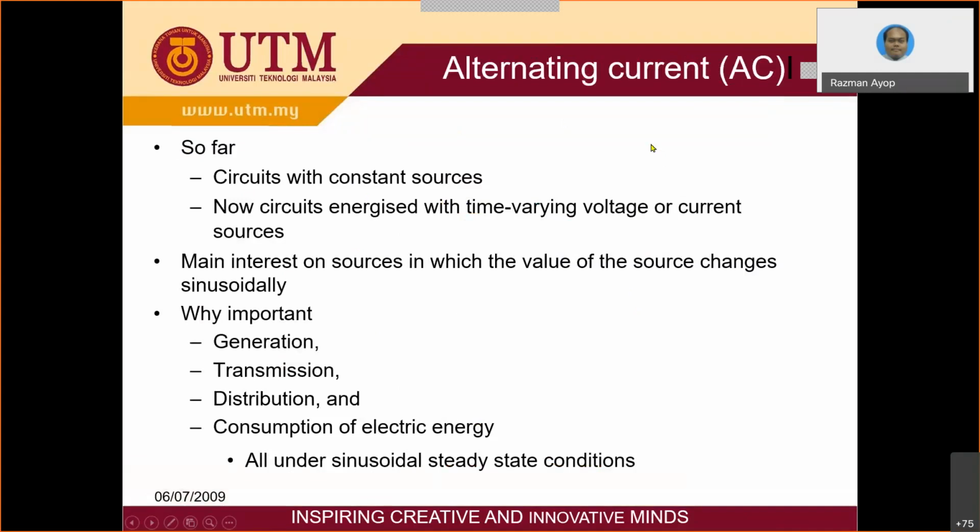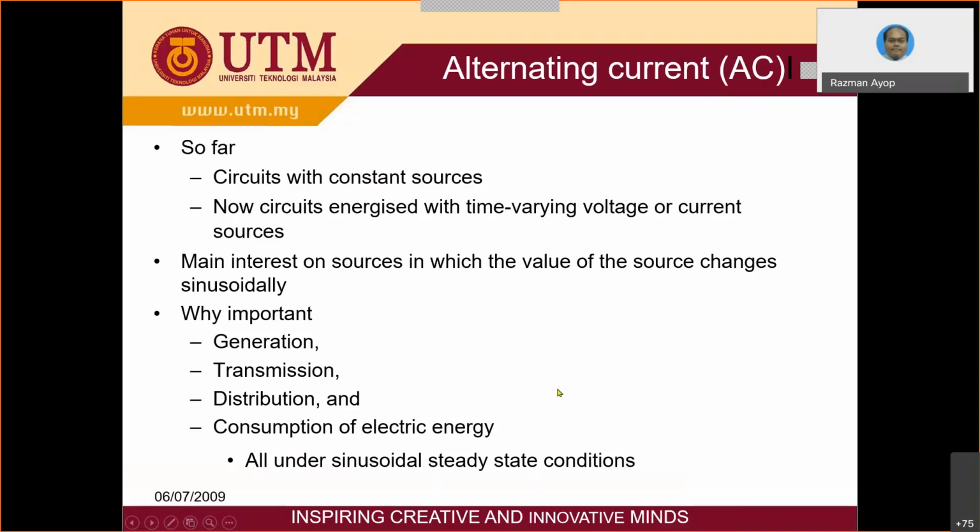If you look at your plug, the power source, everything is AC. In generation, in transmission and distribution, all use AC. Only in your device it uses DC. Or if the transmission line is very long, they will use DC. From your chapter 1, DC is not very much used in the power system, but AC is all used.